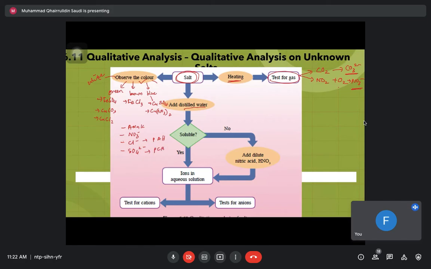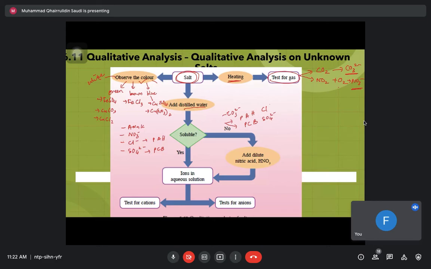Kalau dia insoluble, so dia adalah carbonate salt ataupun lead chloride dan lead sulfate. Okay, kena ingat ni semua.